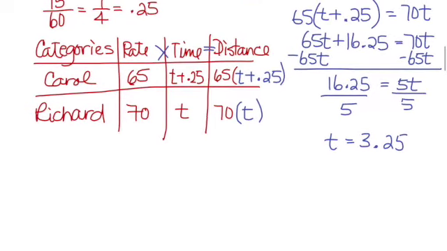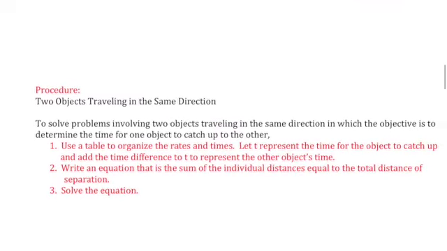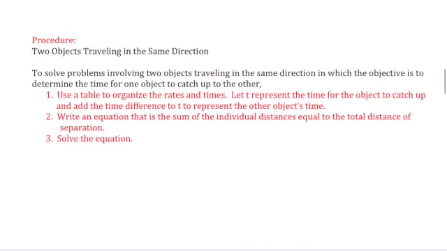One more thing. We're going to talk about the procedure. The procedure says two objects travel in the same direction. To solve problems involving two objects traveling in the same direction, in which the goal is to determine the time for one object to catch up to the other: 1. Use a table to organize the rate and the time. Let t represent the time for the object to catch up, and add the time difference.